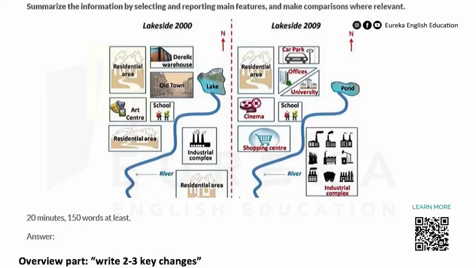The residential areas decrease in number, or you can also write the number of residential areas decreased. The industrial complex had been expanded.